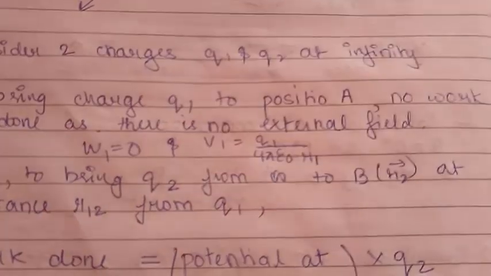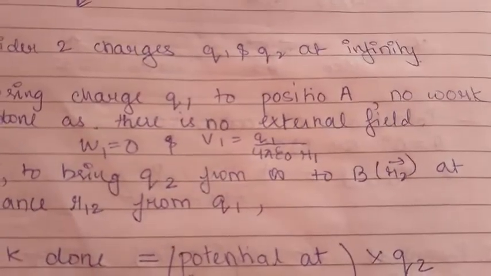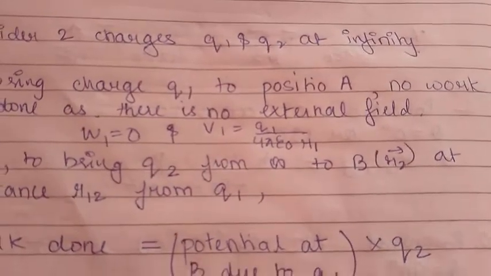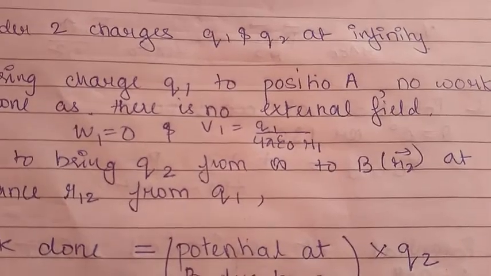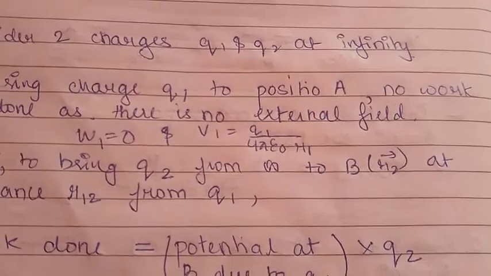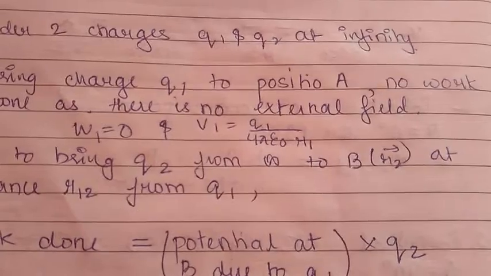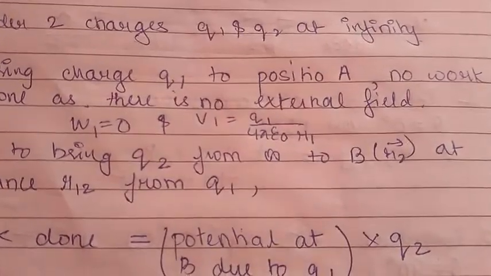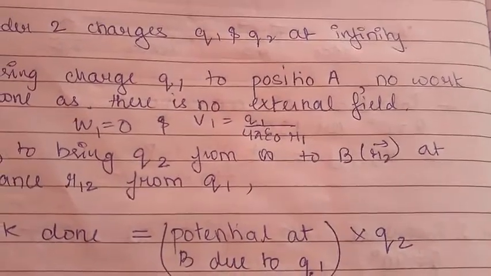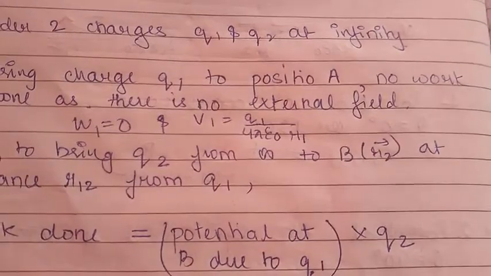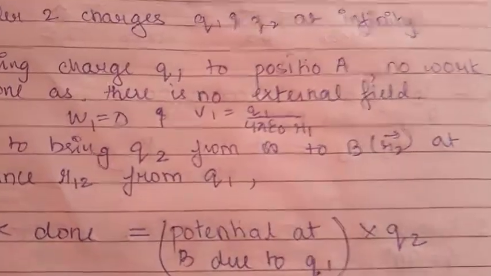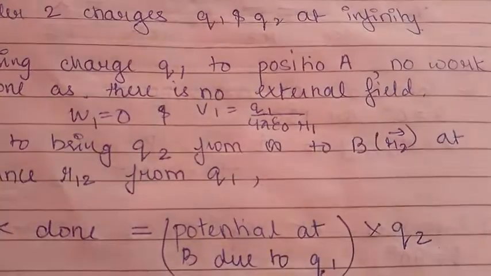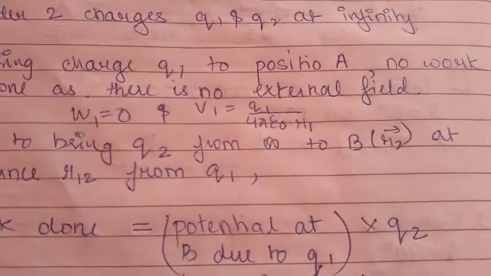Okay. So now as Q1 charge is there, some field is created. Now you have to bring the other charge Q2 from infinity to the point B. Now when you are bringing this charge Q2 to the point B, because of charge Q1 some potential is there, some field is there, so it is going to act.